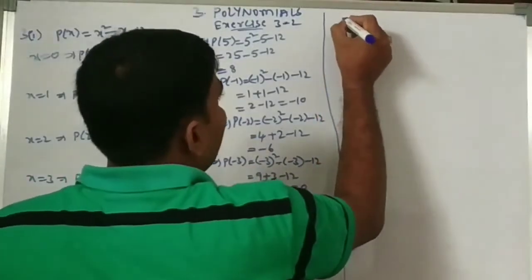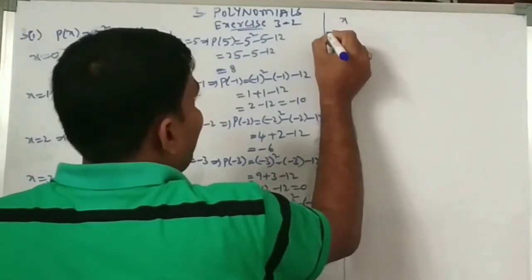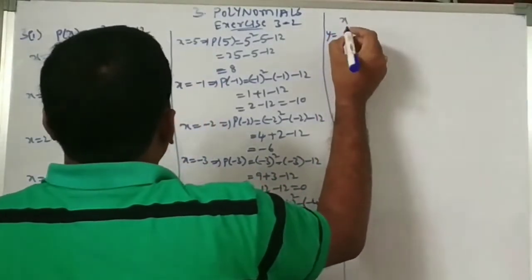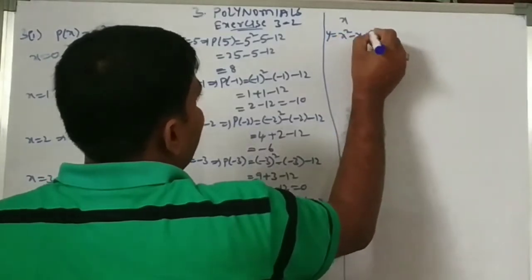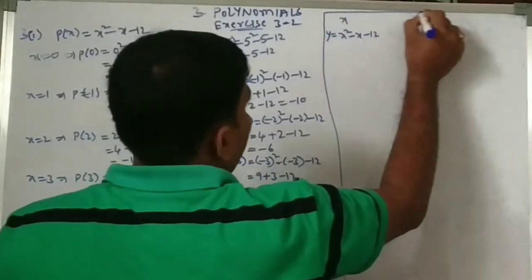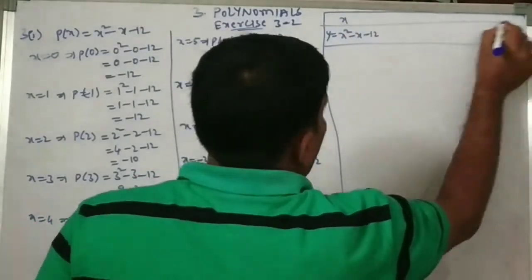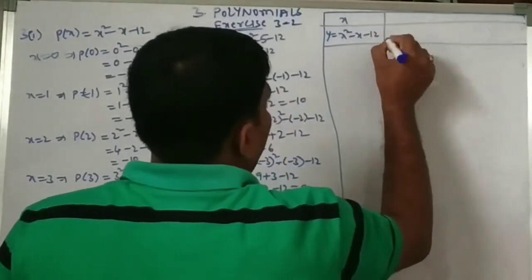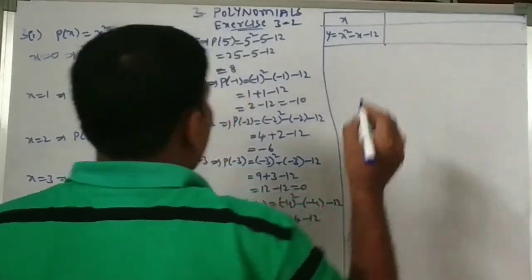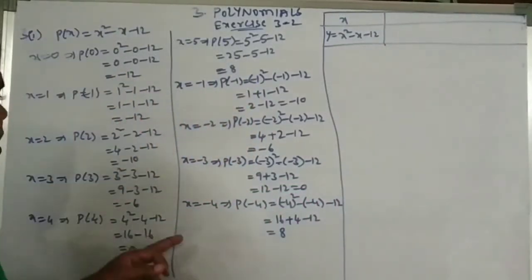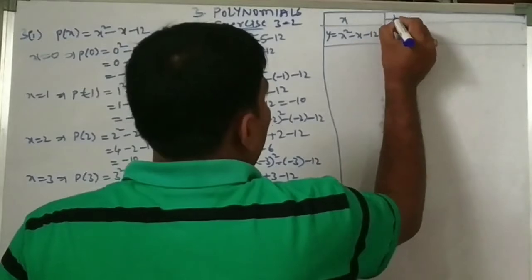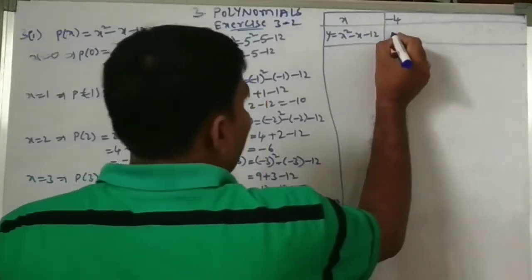So now I want to make a table of x values and y equals x squared minus x minus 12. What are the values we are getting? If we take minus 4, it will be 8.